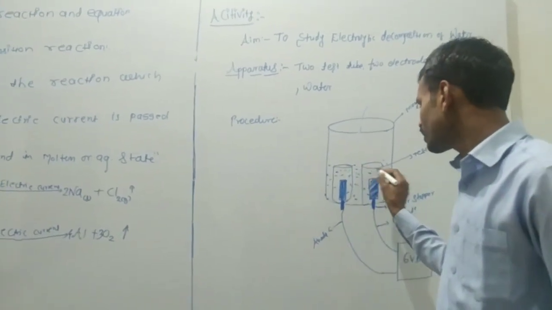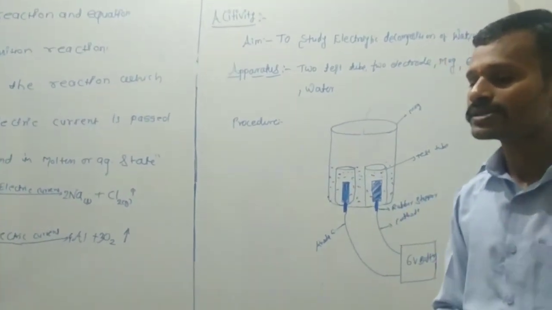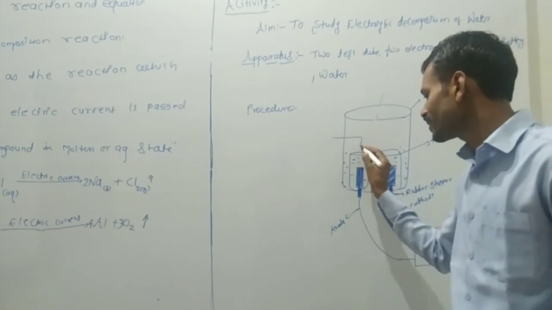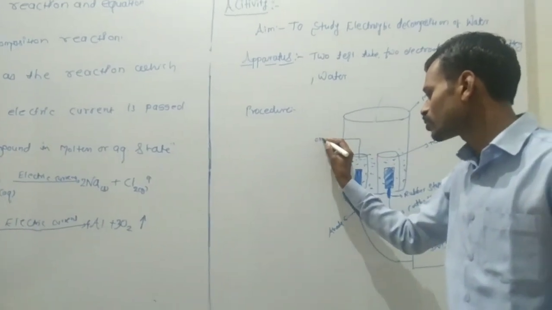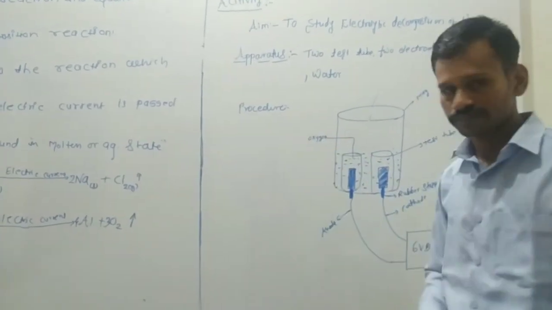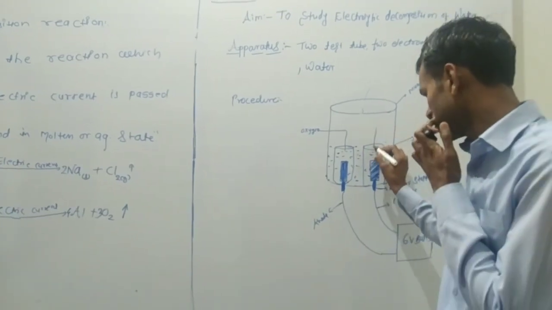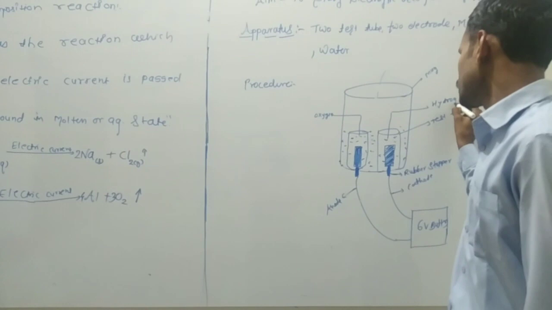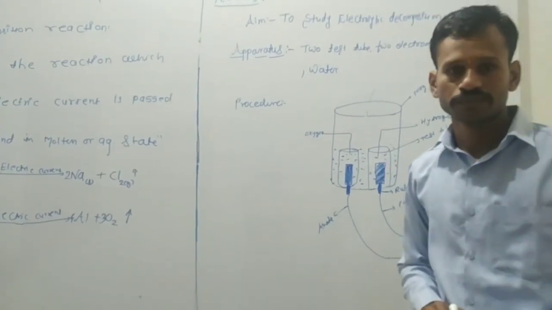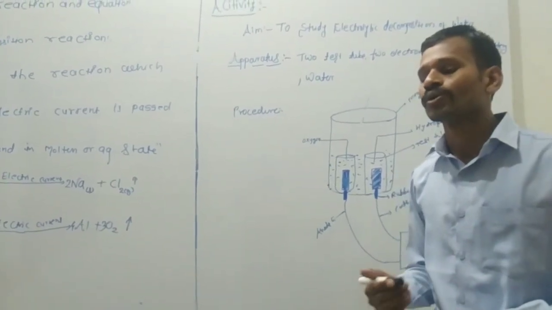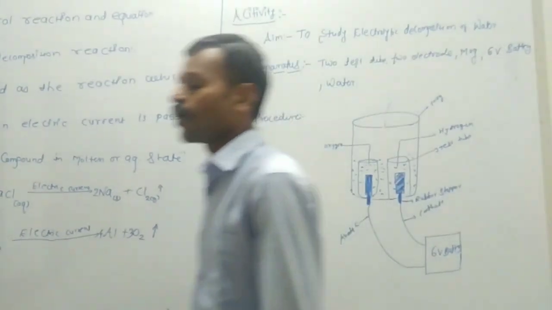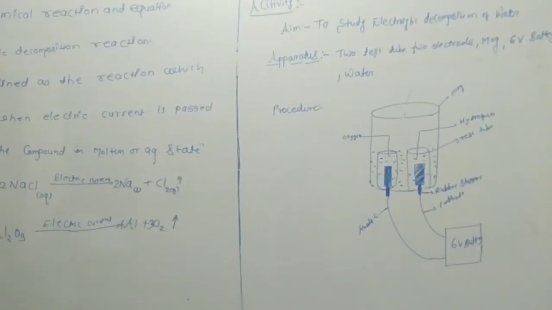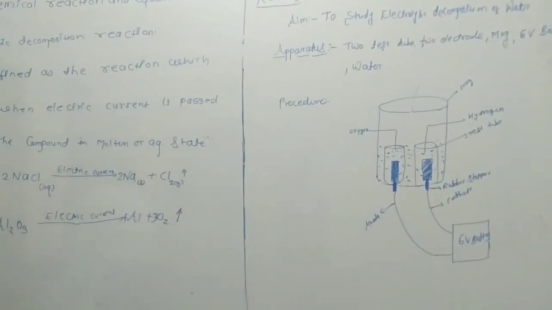So here, at this state, oxygen is formed, and here hydrogen is formed.